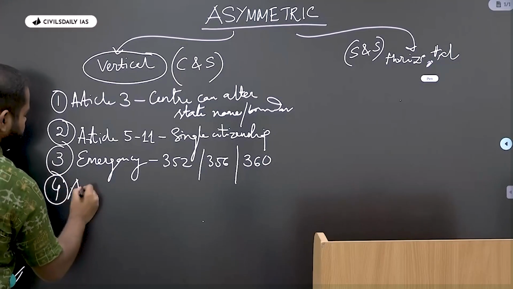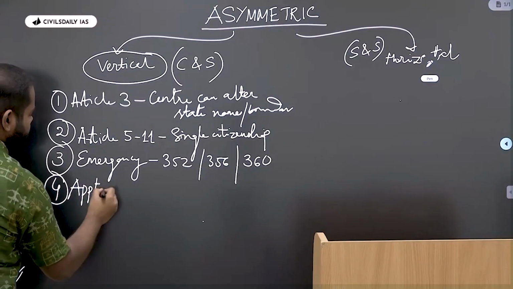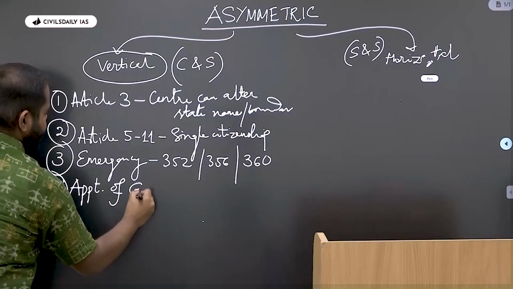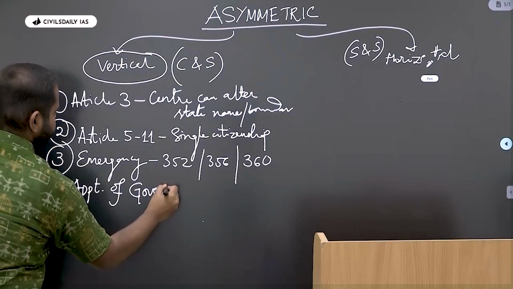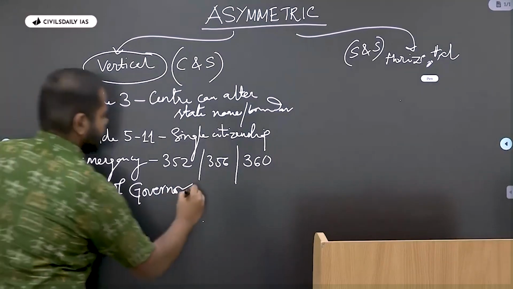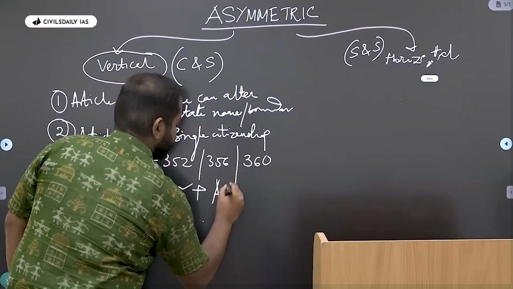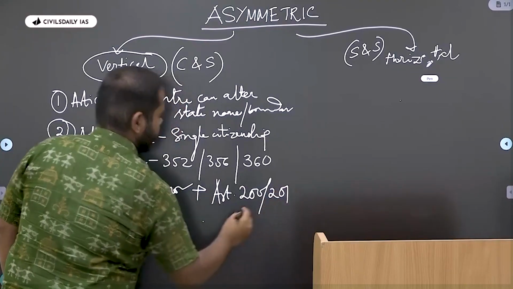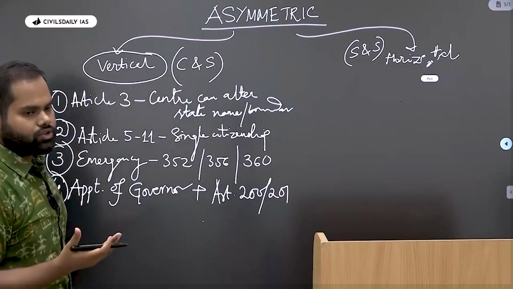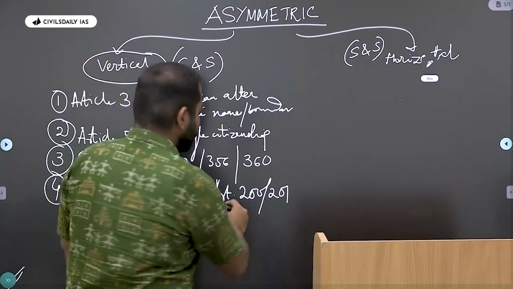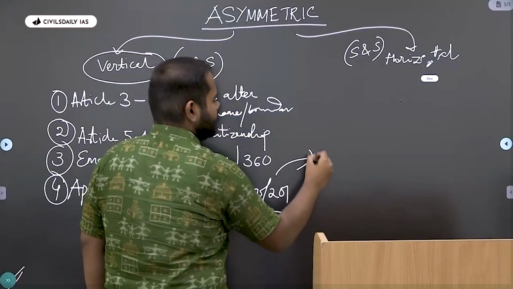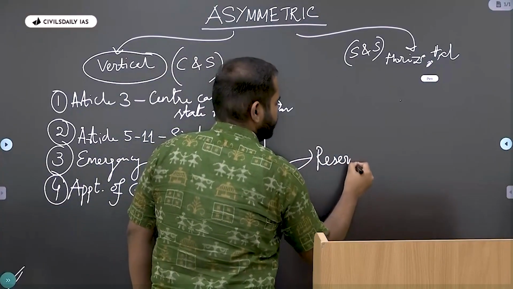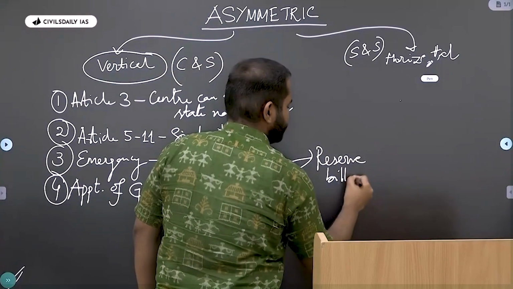Fourth, appointment of the governor, plus Articles 200 and 201, where the governor has discretionary power and the right to reserve a bill for the President.